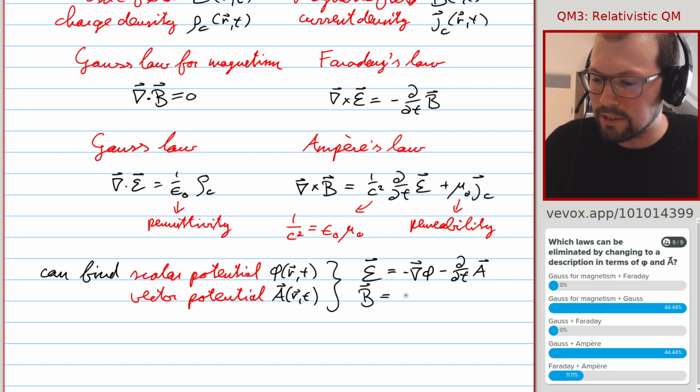The magnetic field is just the curl of the vector potential.